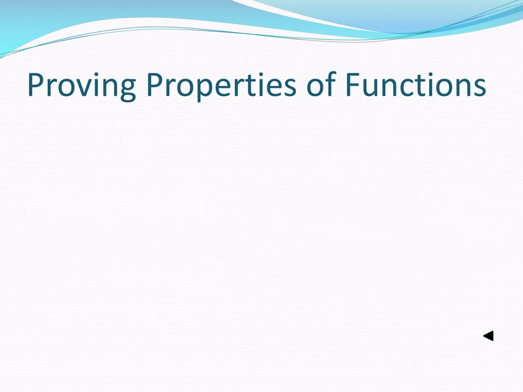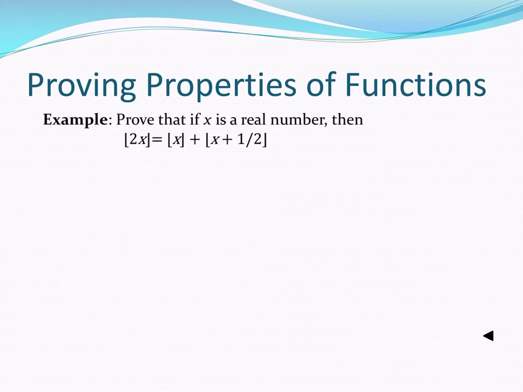We're going to do a proof of a proposition using floor functions. Here I have the floor function of 2x is equal to the floor function of x plus the floor function of x plus a half. All right, we'll do it in two cases.